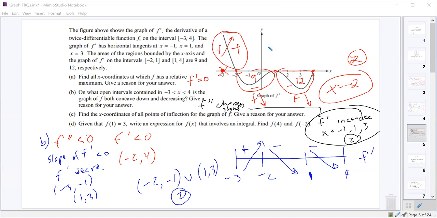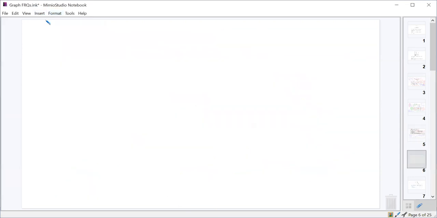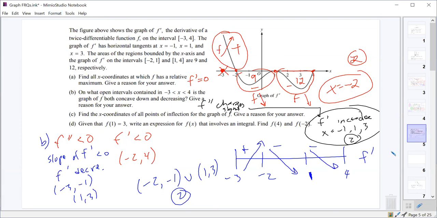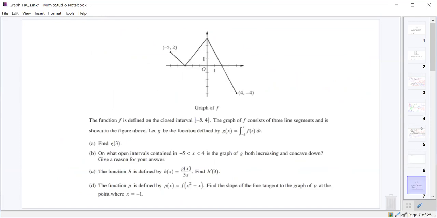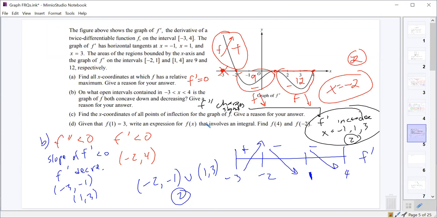All right, part D says that given that f of 1 equals 3, we're going to write an expression to represent f of x with an integral, and then f of 4 and f of -2 is what we want to find.